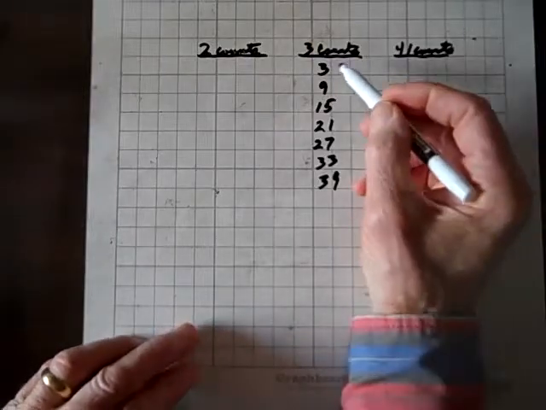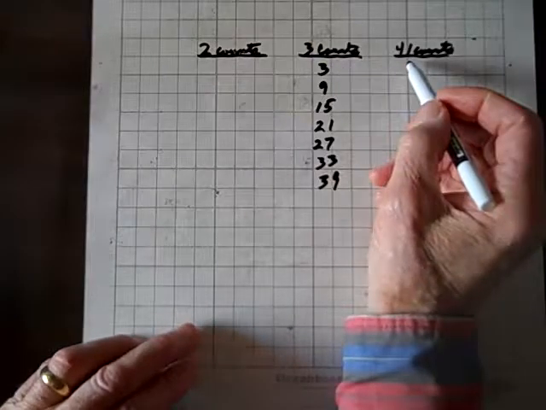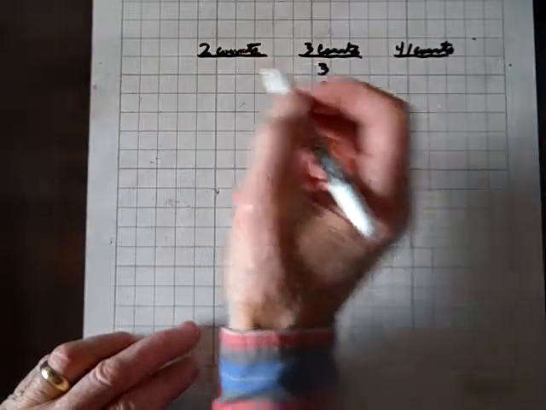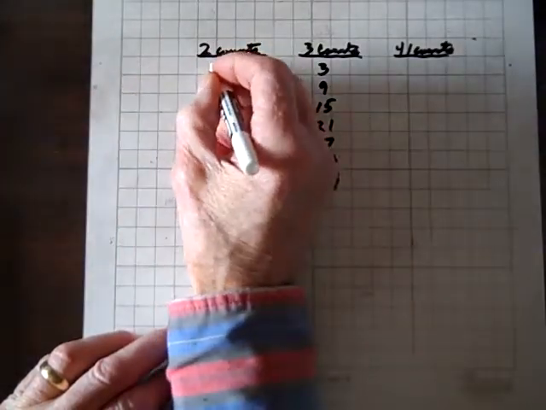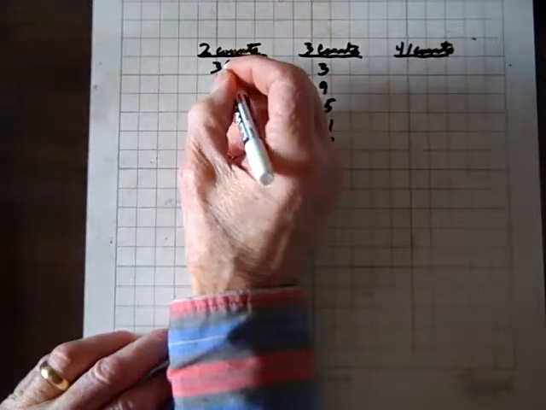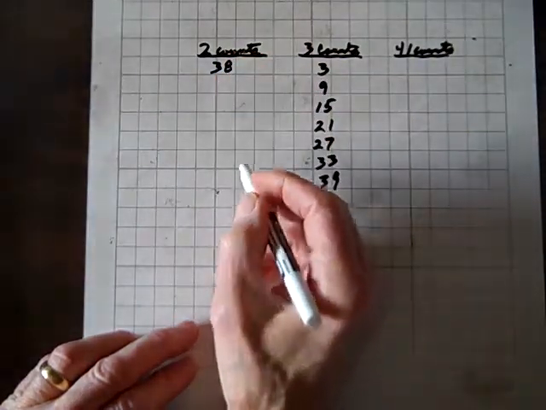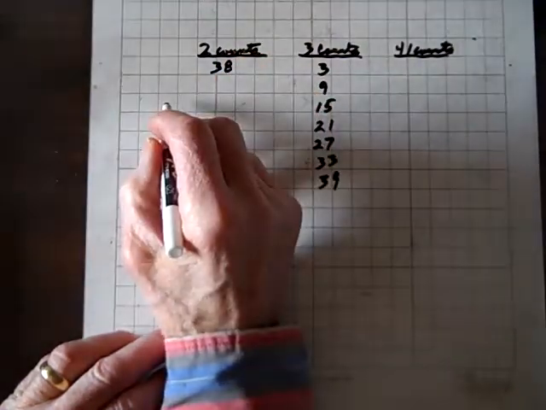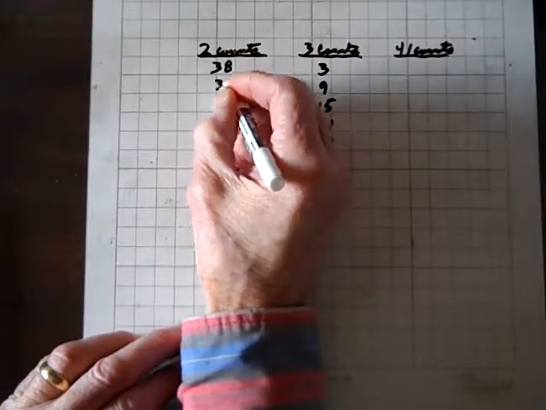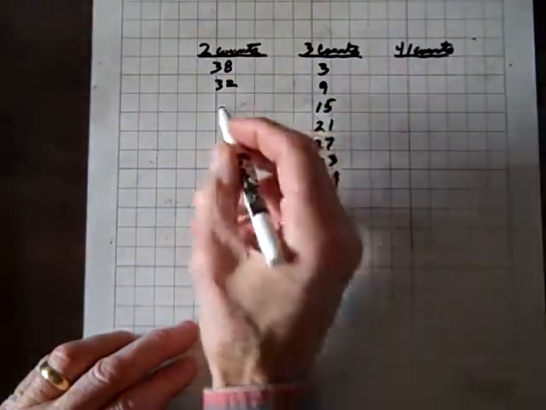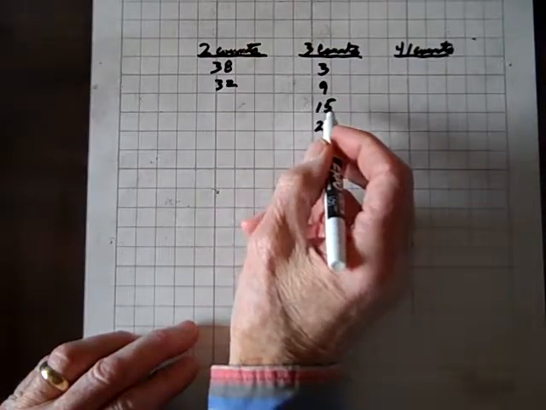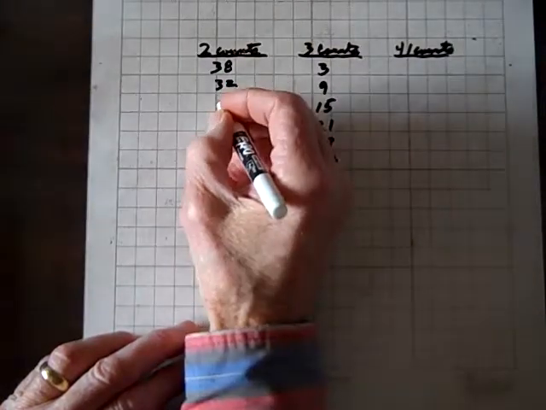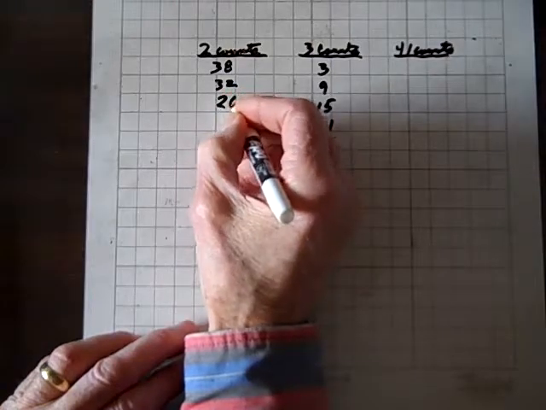Well, let's see. 3 and what is 41? I would say 3 and 38. And 9 and what is 41? 32. And 15 and what is 41? I think that's going to be 26.